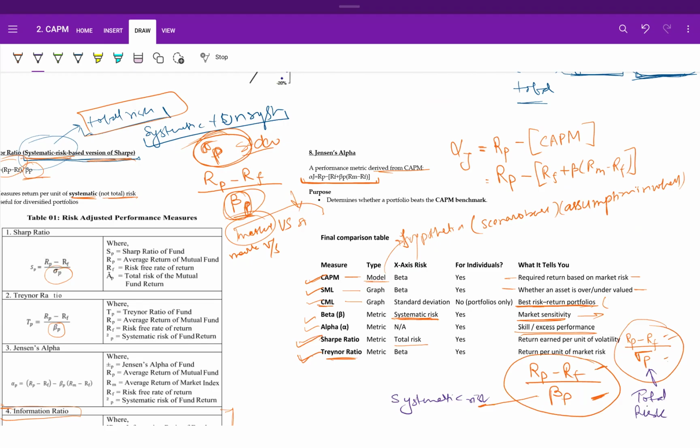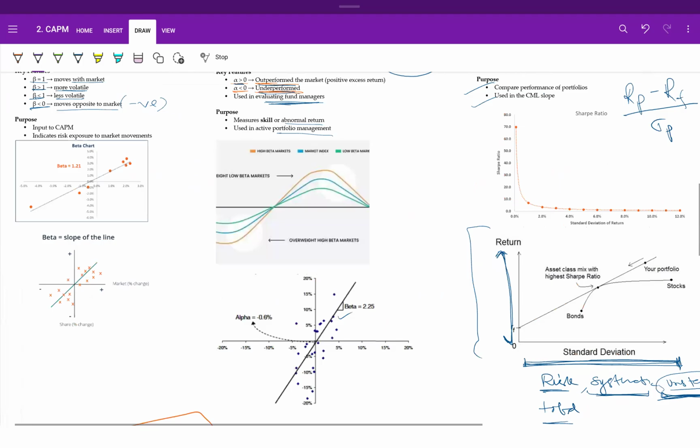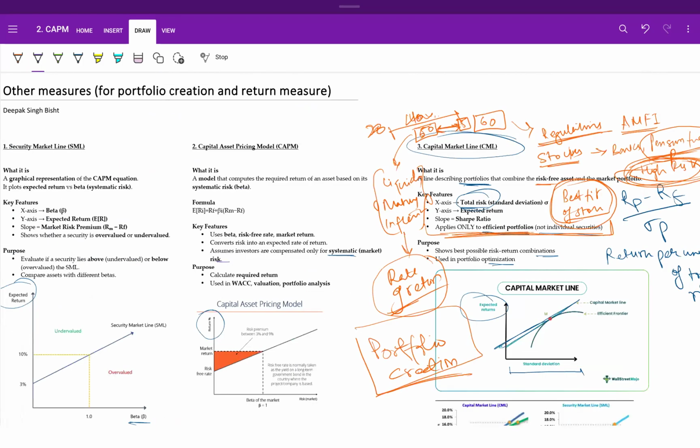Okay, we are done with this topic, the other measures for portfolio creation and return measures. We have not discussed these measures in detail, but an overview.